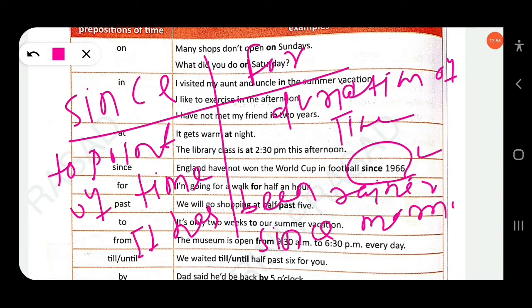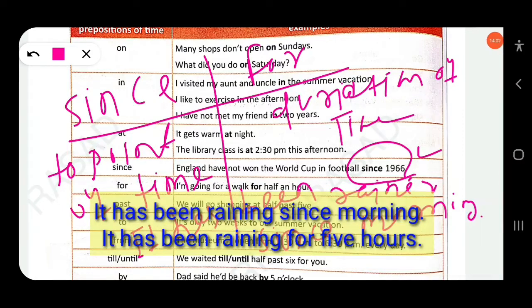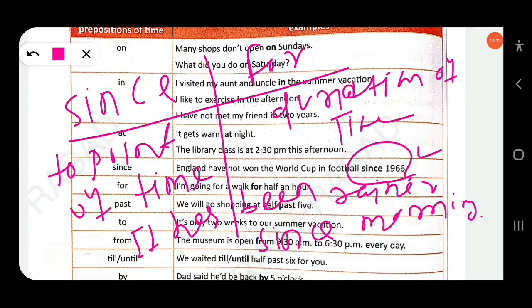Here morning is the point of time. You can also write, it has been raining for 5 hours. That means for how many hours, so duration. We use for to indicate duration of time, and we use since to indicate the point of time.